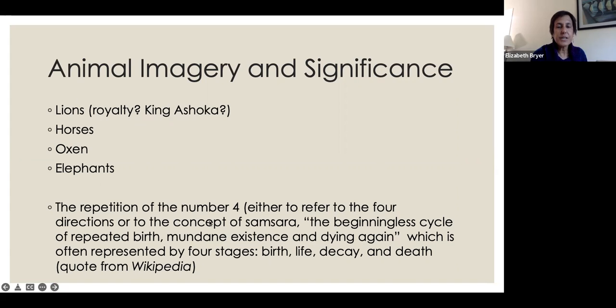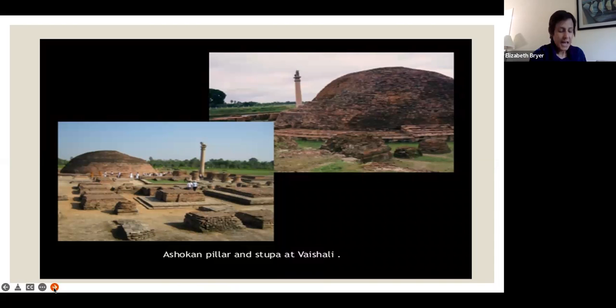A lot of repetition of the number 4, which can refer to the 4 directions or to the concept of samsara, the beginningless cycle of birth, mundane existence, and dying again, which is often represented by 4 stages: birth, life, decay, and death. So those are things we often see in these pillars.